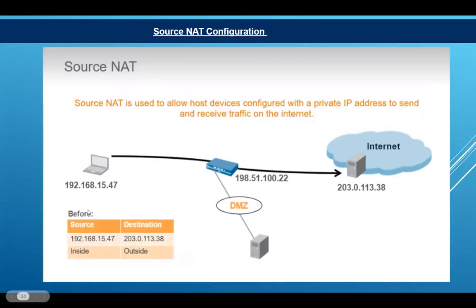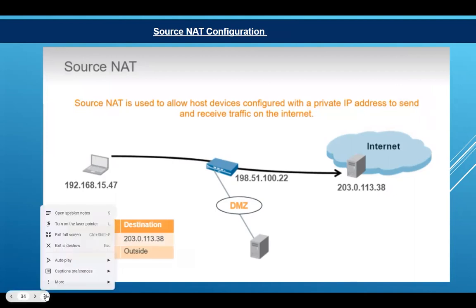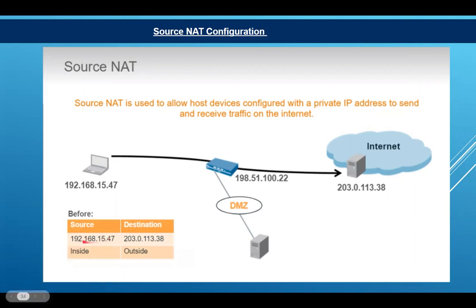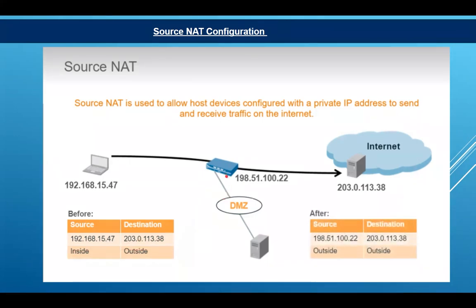So guys, this one is our packet. When the packet is initiated from your system, note this one is our source, and this one is our destination IP address. Next we forward the packet to the Palo Alto firewall.